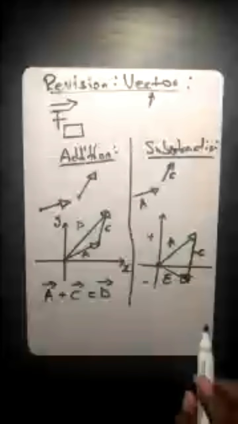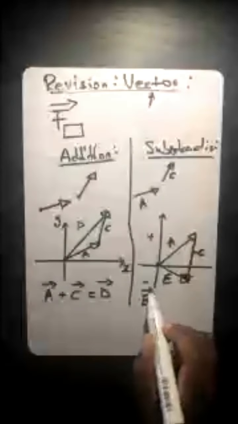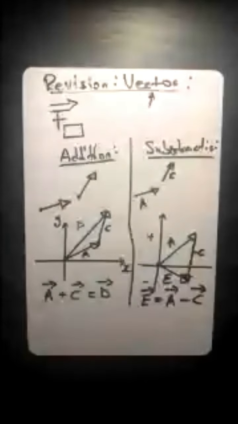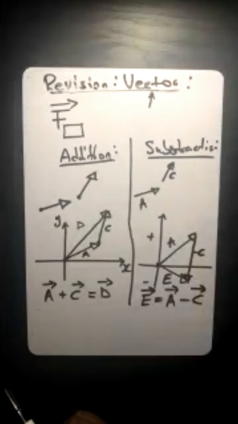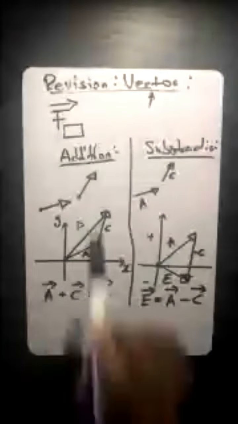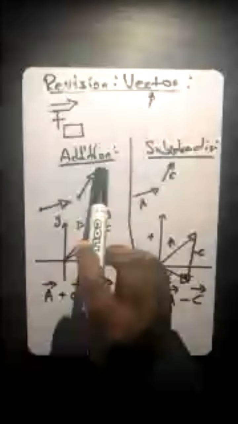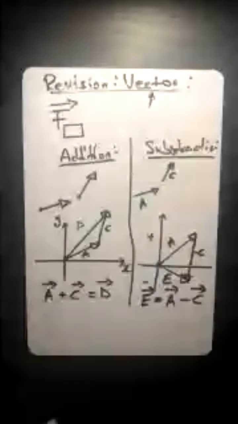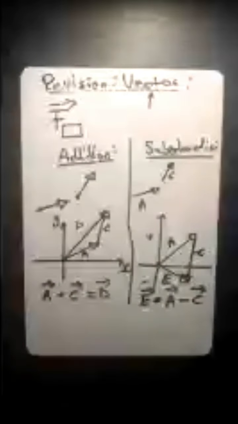So that, let's say, maybe is vector E, which means when we formulate, we are going to say vector E is actually equal to vector A subtracting vector C. So this is all that I wanted you guys to be aware of, in terms of vectors adding or subtracting each other.